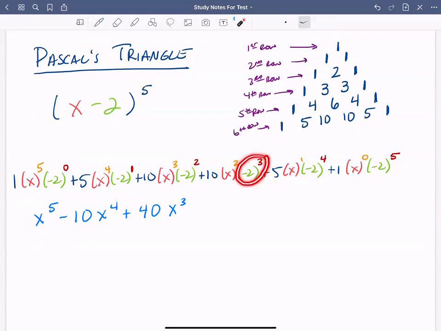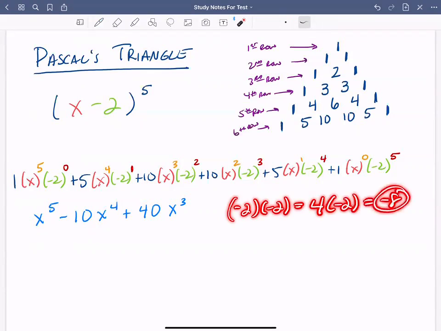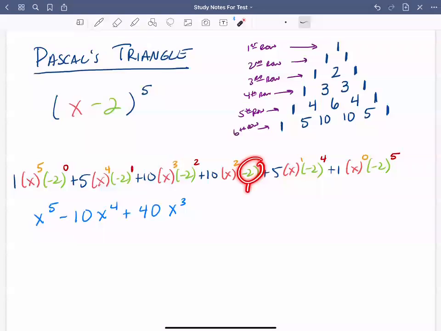Next, we're going to look at this here. So we have -2 cubed. So -2 times -2 times -2. This gives us a -8 because -2 times -2 gives us a +4. And we have to multiply by -2 again, gives us a -8. So this is -8 times 10, which gives us a -80. And then we have x squared.